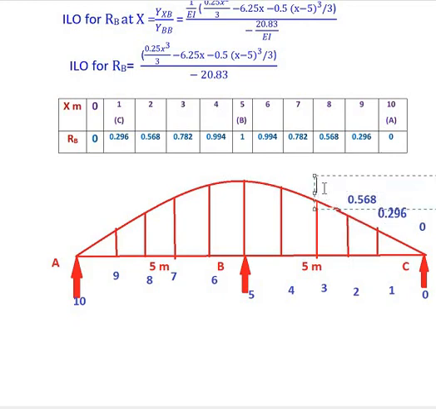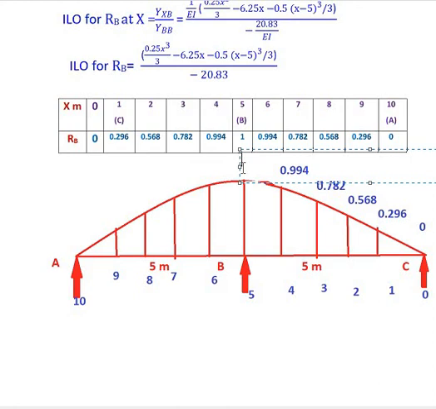At 3 meter the value is 0.782. At 4 meter the value is 0.994, and at 5 meter the value is 1.